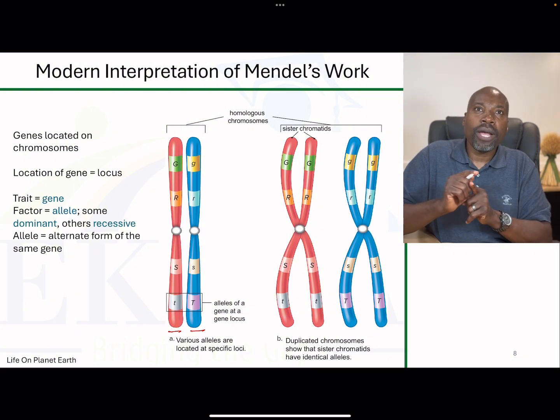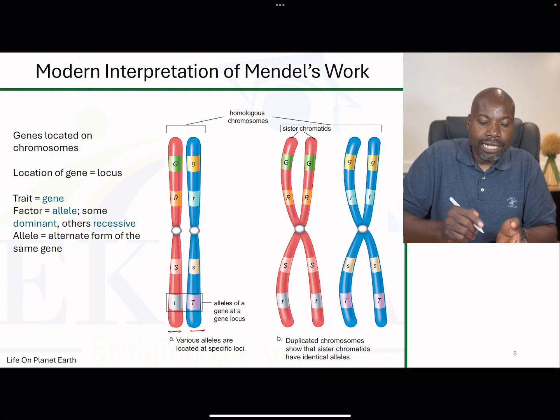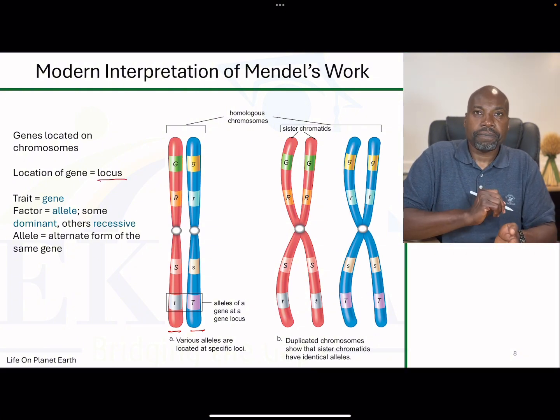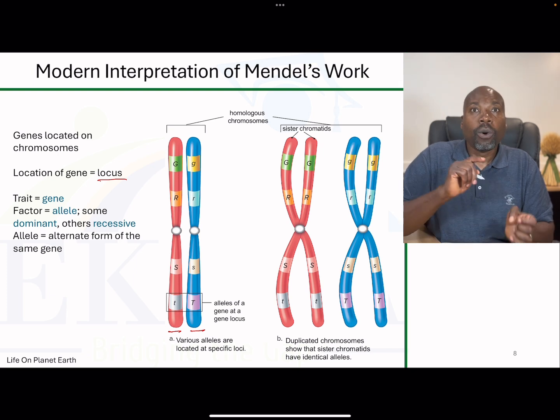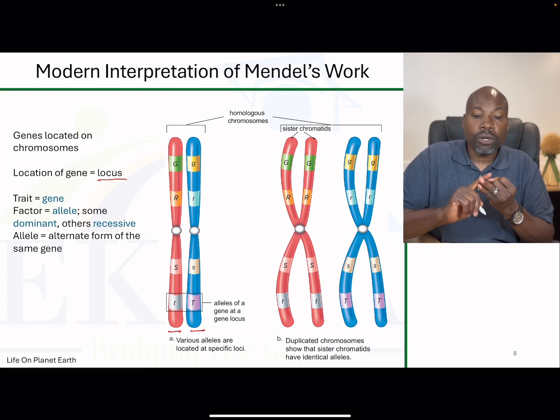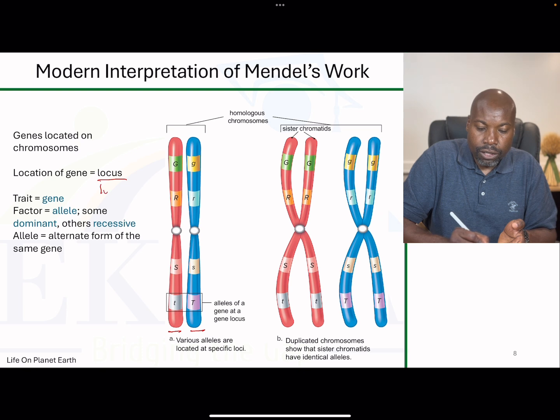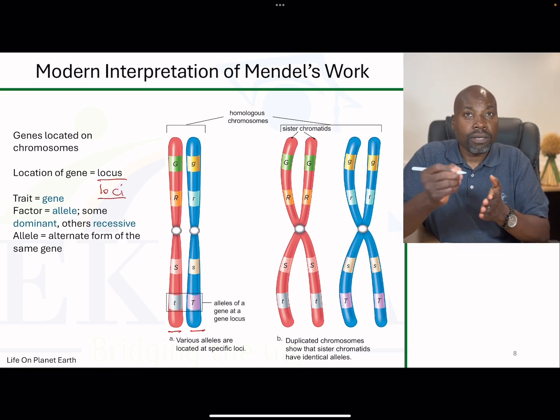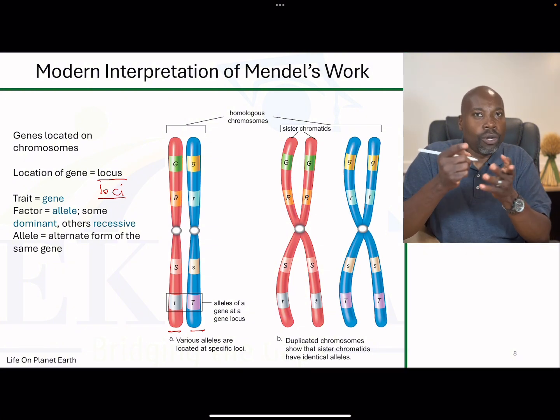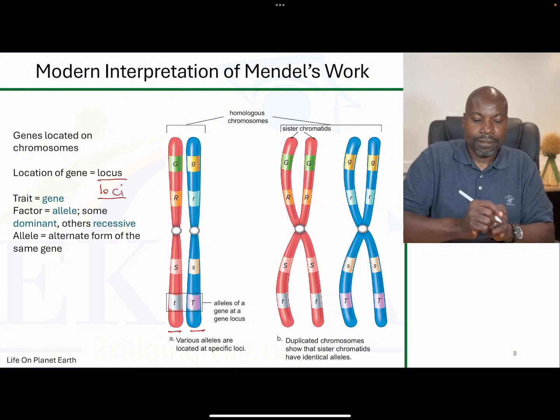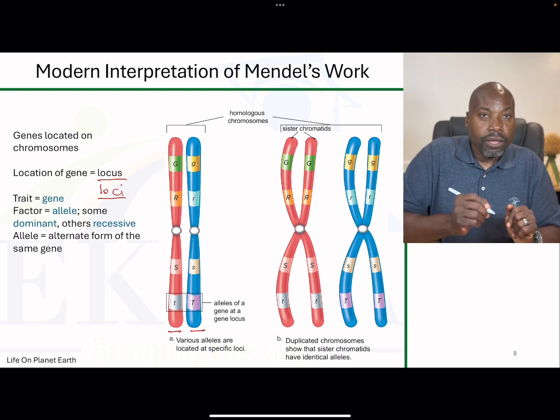The location where a gene is found is called a locus. I want you to remember that. One locus, several loci. Loci, it's basically multiple locus, right? Loci, okay?